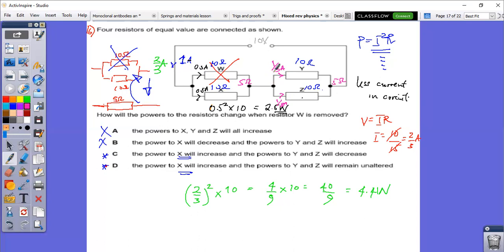Before, you had 0.5. Now I squared R, if your I has gone down and your resistor is still the same, what should happen to the power dissipated in these resistors now? Down, because the I has gone down. You following? Yeah. So which answer would we choose? C. C, spot on.